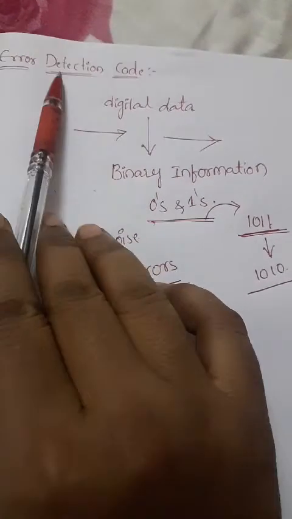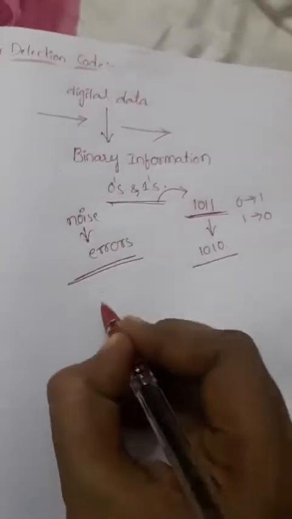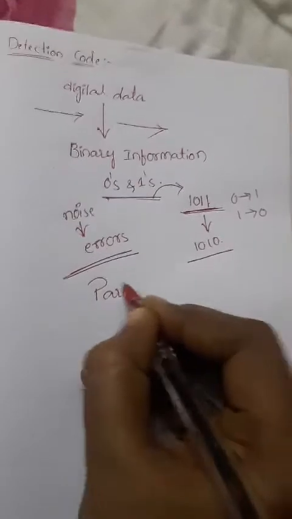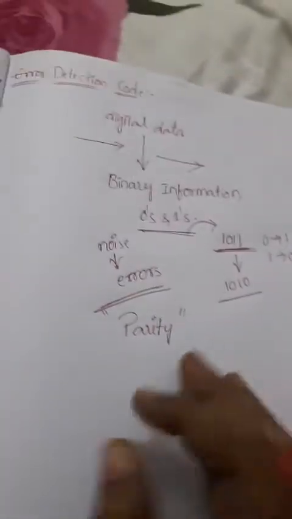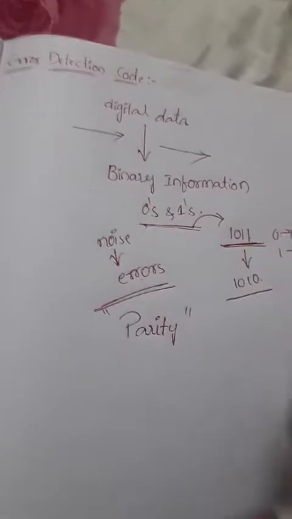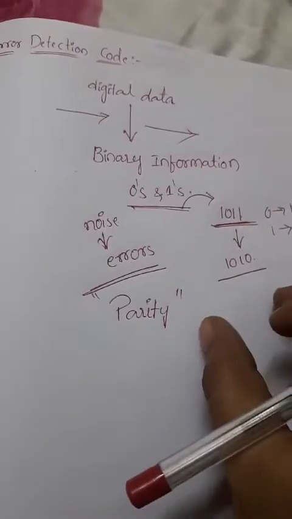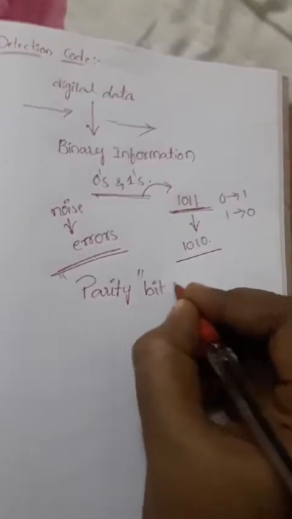One of the most common ways to achieve error detection is by means of a parity bit. Any binary information having errors can be checked by this method, the parity bit method.